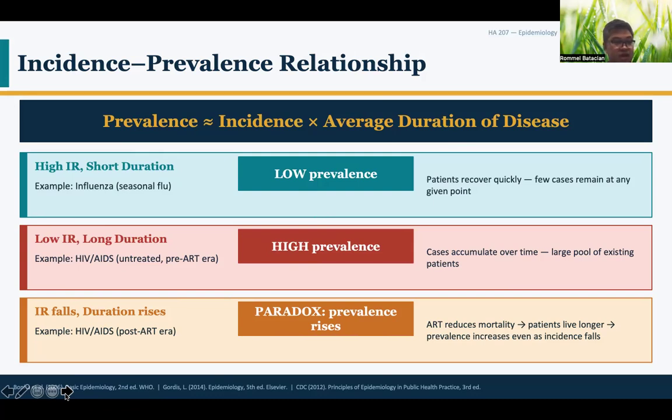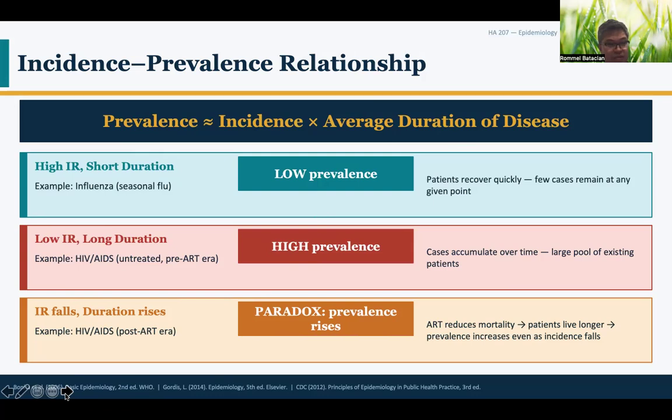The second scenario is, what if there is a low incidence and the disease is of long duration in terms of its natural history? An example would be HIV infection or AIDS before antiretroviral therapy was established. The incidence rate for HIV is not really exceptionally high.